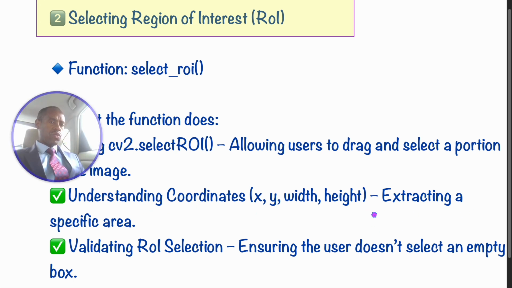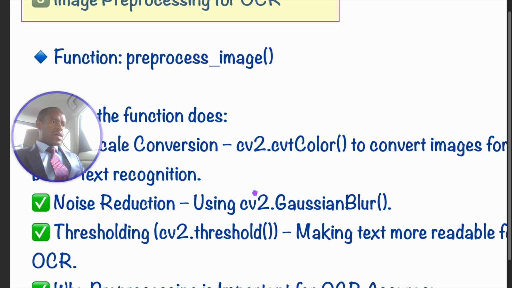We will crop or extract a specific area, and the cropped or selected area will be validated. It means if you select an empty area with no text, you will be warned that you selected an empty area.